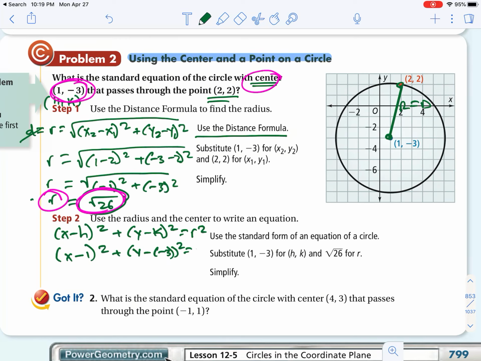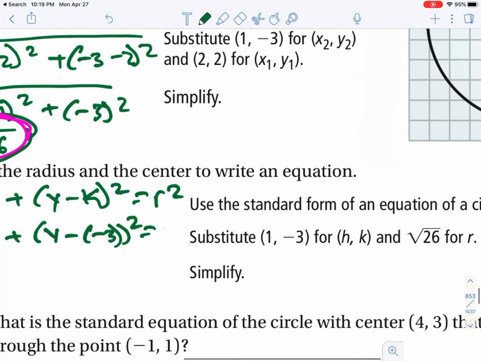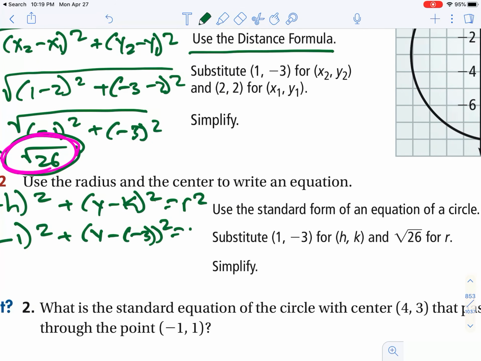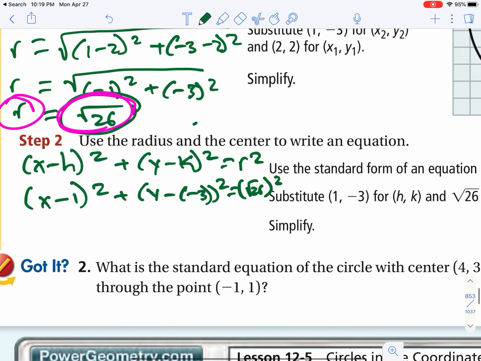And remember what we have. I'm going to run out of room here. I'm going to just squeeze it in if that's okay here. It's going to be the square root of 26. So remember I said earlier that we did not need to take this guy and throw that into the calculator, because what ends up happening right here is that it simply just cancels out once we square it.